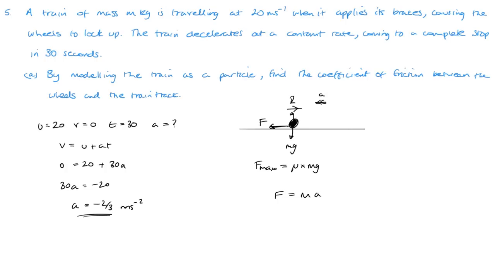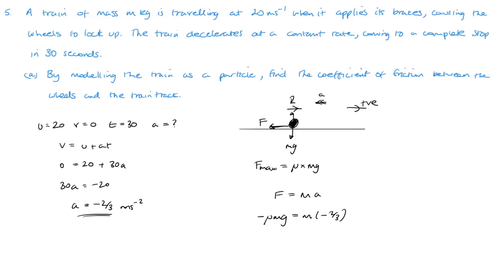Now, if I take the direction of motion as positive, then F is going to be negative, isn't it? Minus mu mg equals m times minus 2/3.